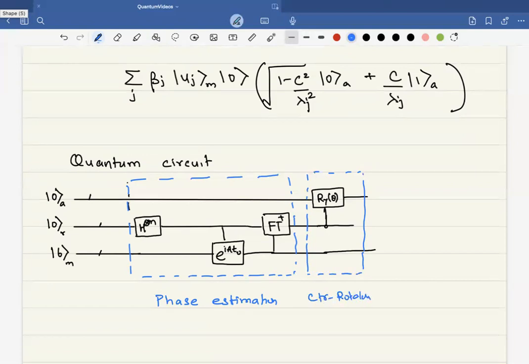And then the uncompute step is just going to be, I'll just write it in the opposite order of the first step. So this is FT, this is e to the minus iAt, and then H tensor n. So this is uncompute.